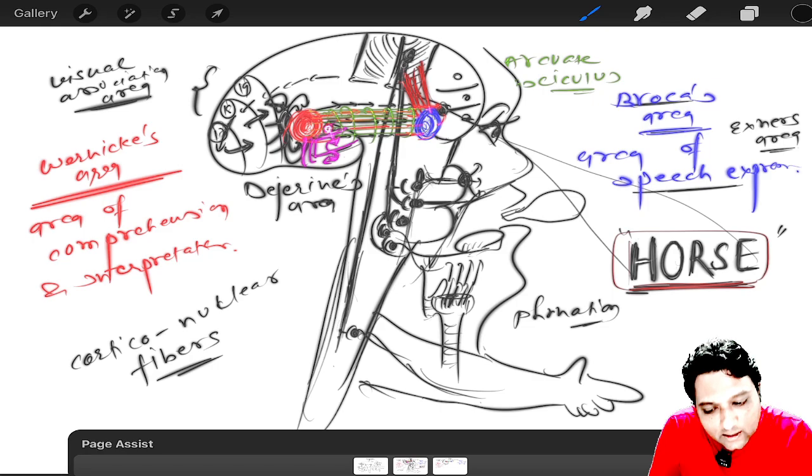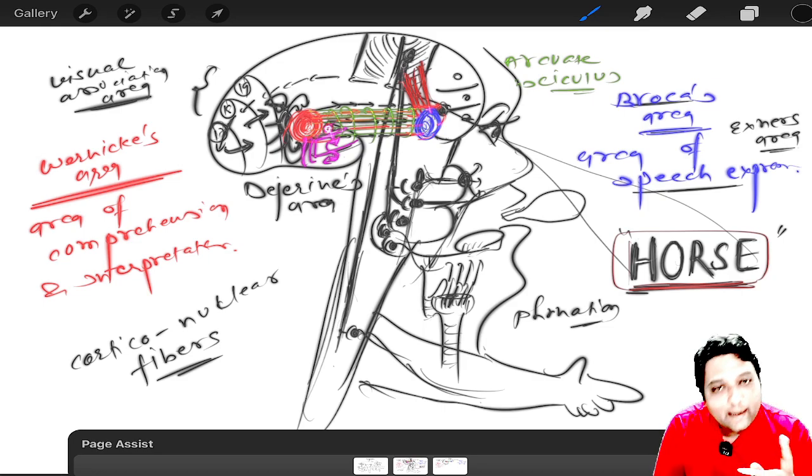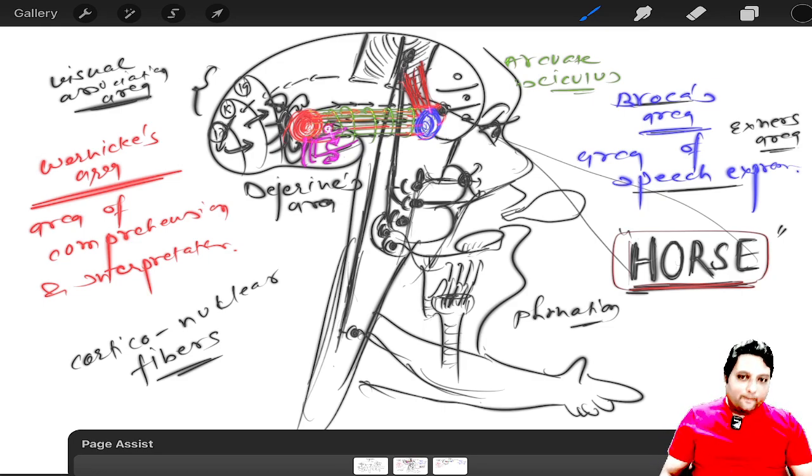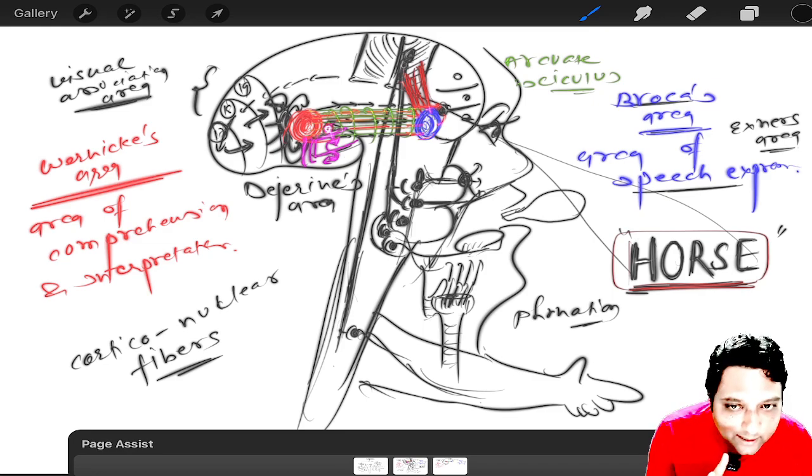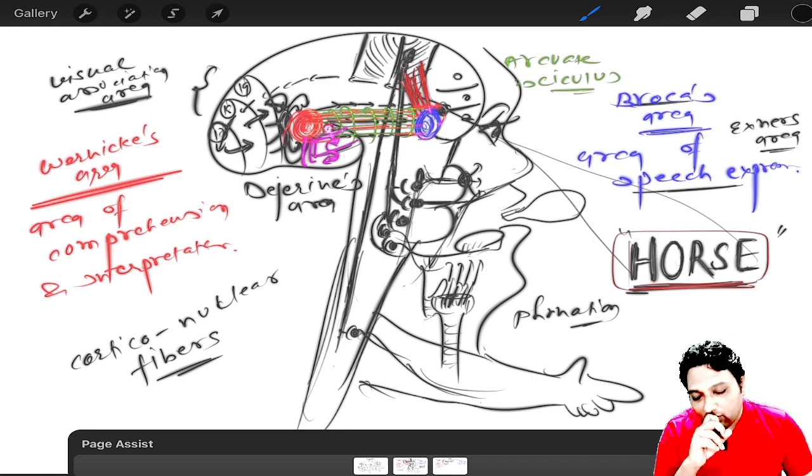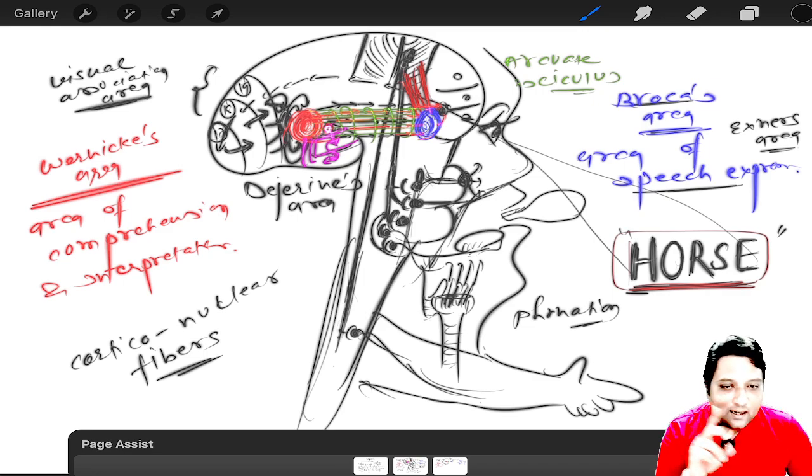So both these upper motor fibers, corticonuclear and corticospinal, are controlled by Broca's area. That's why Broca's area is called speech expression. Remember, speech is not only spoken speech, but it is also written speech. Speech is of two types, written speech and spoken speech. Clear?